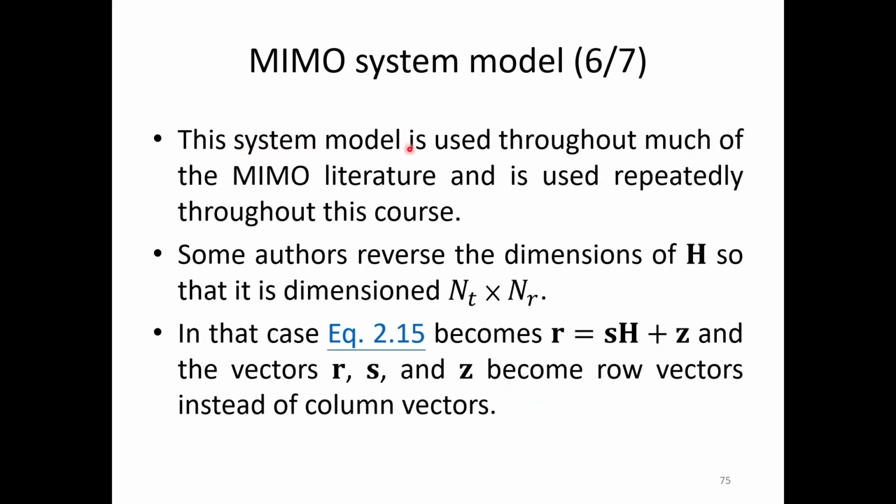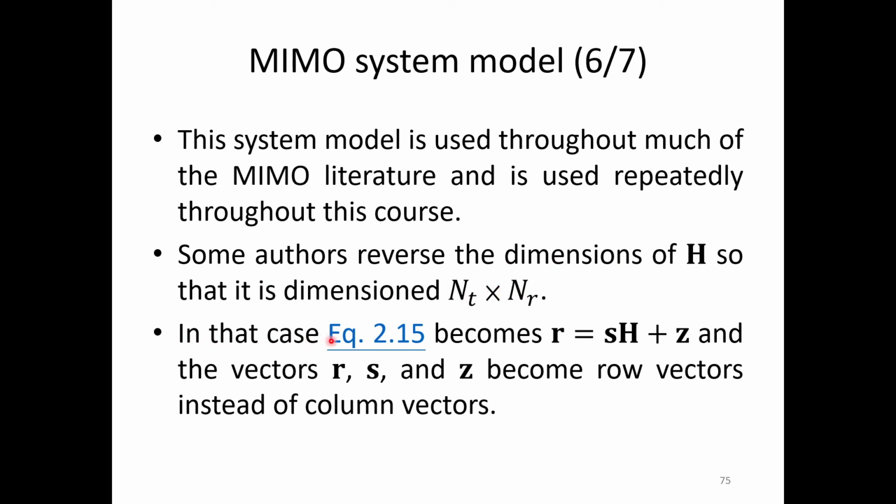This system model is used throughout much of the MIMO literature and is used repeatedly throughout this course. Some authors reverse the dimensions of H so that it is dimensioned Nt by Nr.